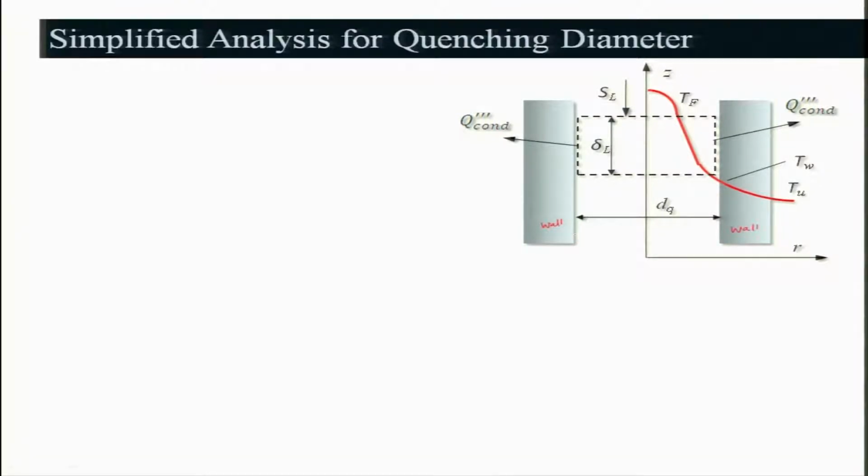And this is my flame, having a thickness of delta L, which is moving at a laminar burning velocity SL, that means the burning velocity of the particular mixture.